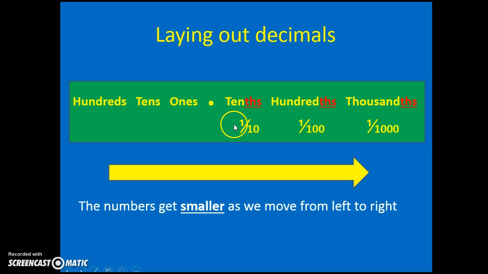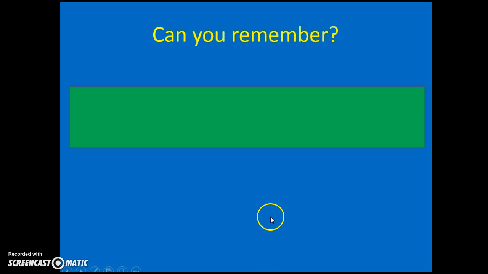Well, now in decimal place value it's going to start with the word "and" to represent the decimal point, then the tenths, then the hundredths, then the thousandths. Notice again that every fraction I have that's represented for decimal is either over 10, 100, or 1,000. And the difference here is that when I move left to right, the number is getting smaller.